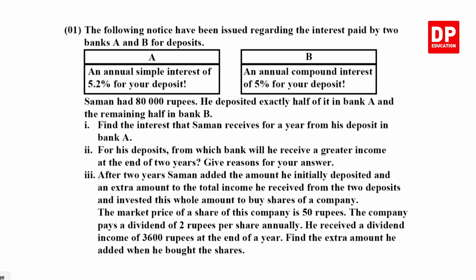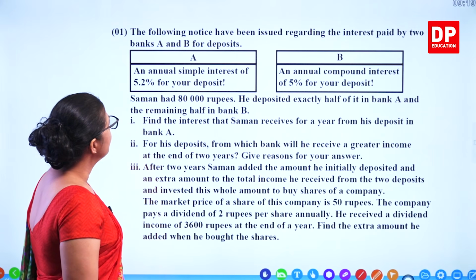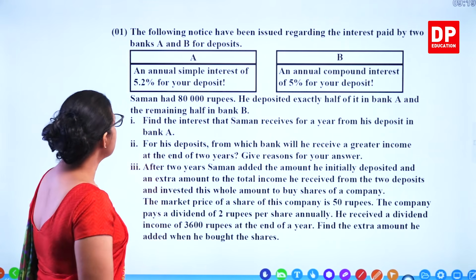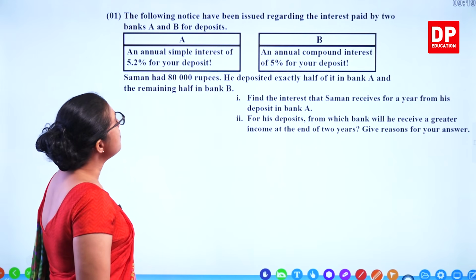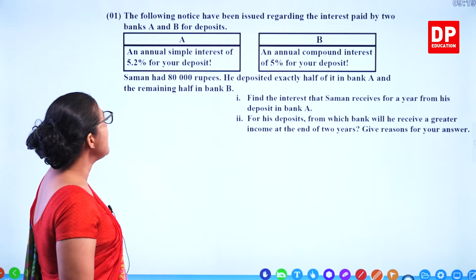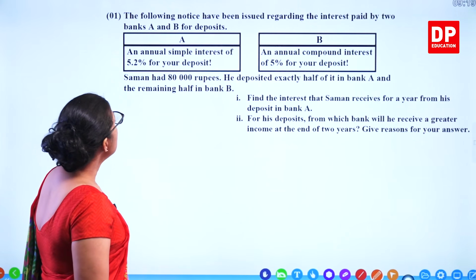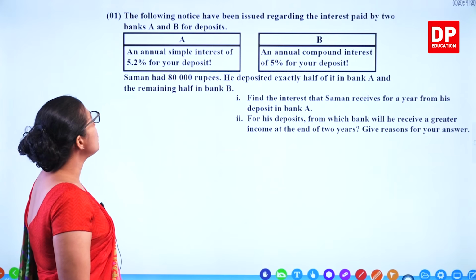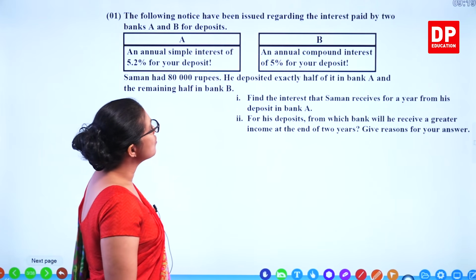Question number 1, you get 3 parts, and we'll do it step by step. The following notice has been issued regarding the interest paid by 2 banks, A and B, for deposits. Bank A gives an annual simple interest of 5.2% for your deposit, and Bank B gives an annual compound interest of 5%.